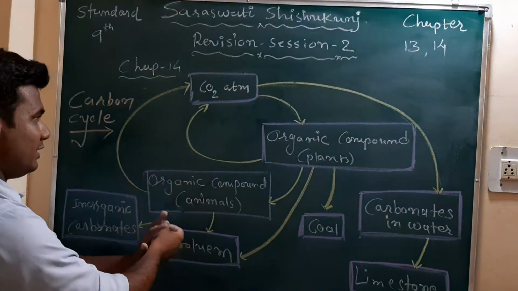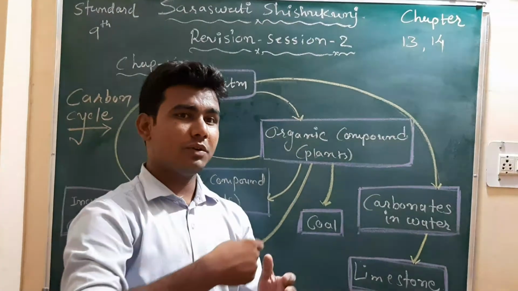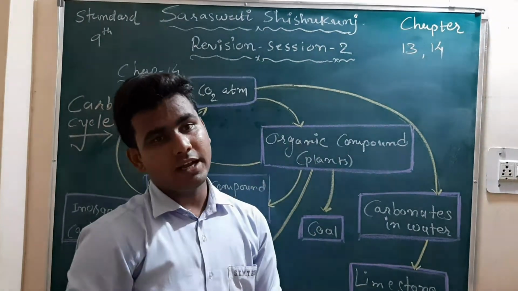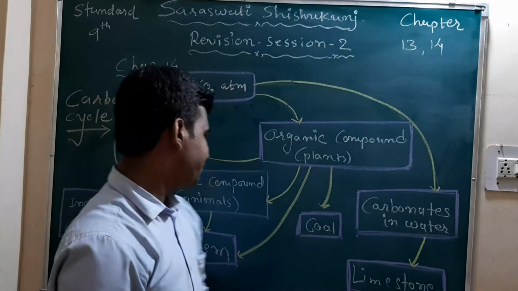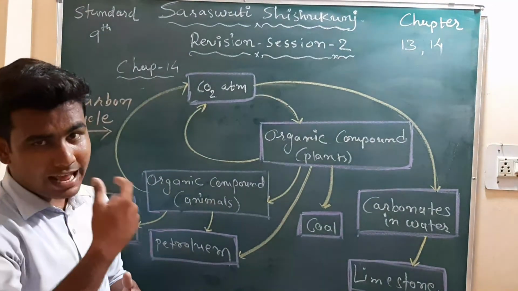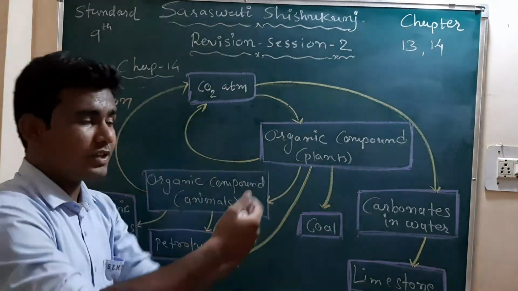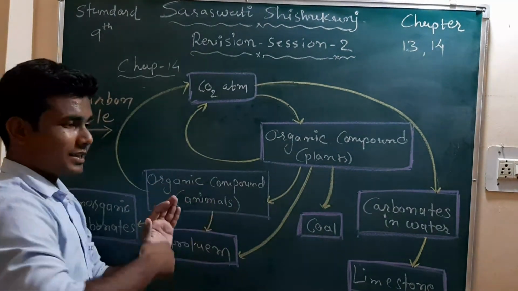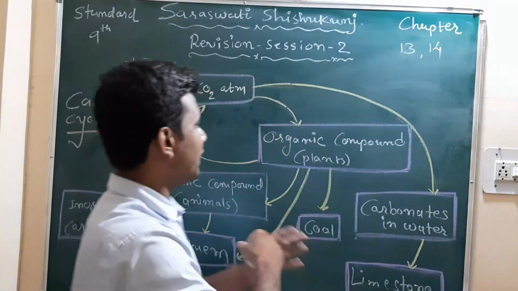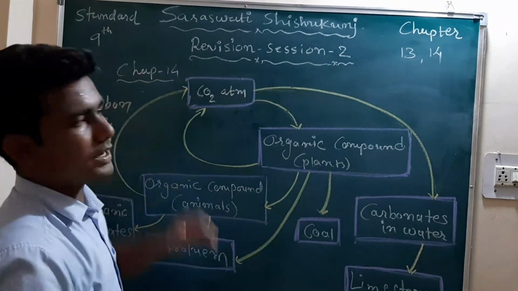When these animals get decomposed by different types of decomposers, they will also remove carbon into the atmosphere. In the process of inhalation and exhalation, these organisms remove carbon dioxide into the atmosphere. So see, it is utilized and it is also given back into the atmosphere.